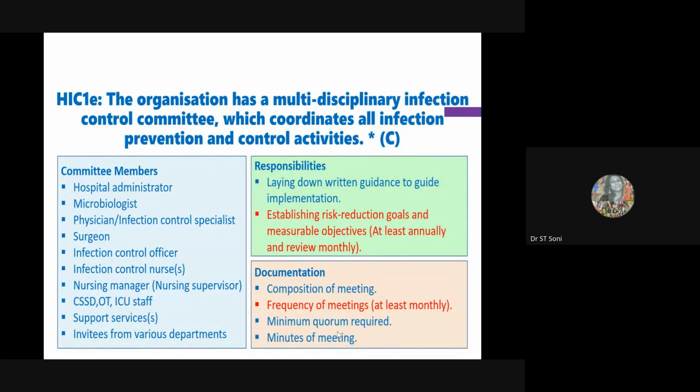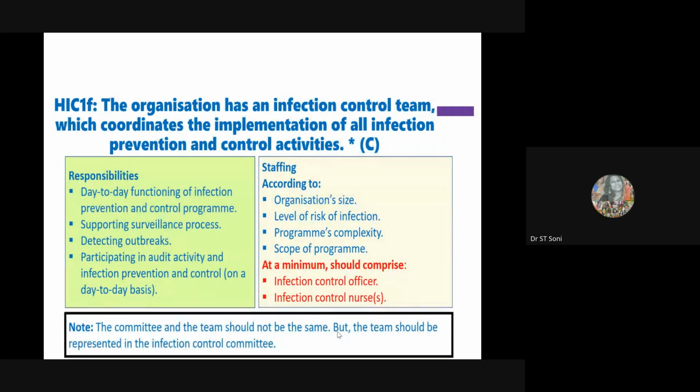This is something which works at the organizational level. But if you want to see the impact of it, we need to have a team working under it. It is not possible for all these high-level committee members to go to the ground and take the responsibility.